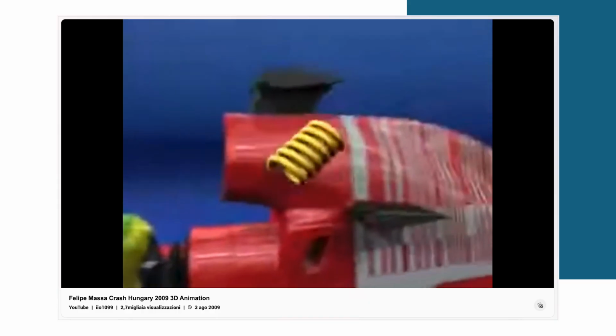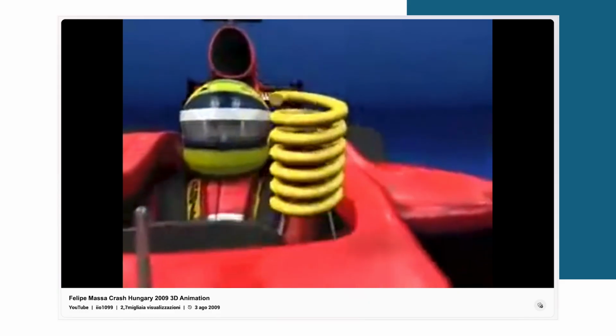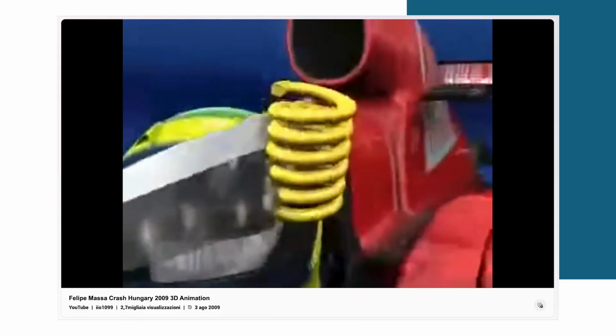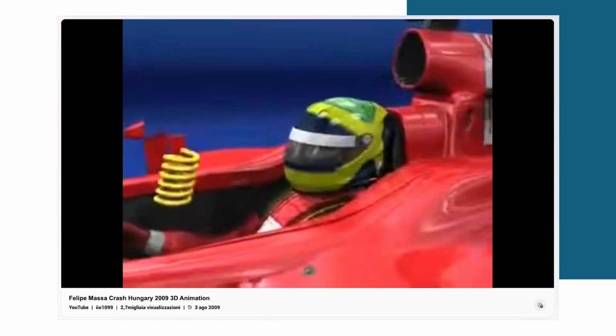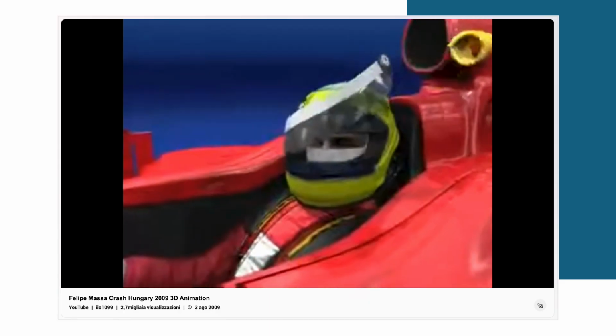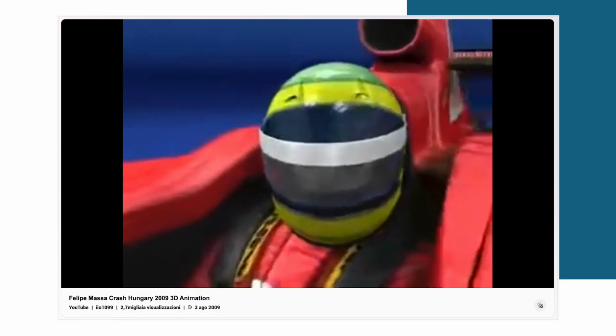The spring struck Felipe Massa helmet just above the visor at about 260 km per hour. Massa was knocked unconscious and crashed straight into the barrier at full speed. He sustained a skull fracture and concussion, requiring emergency surgery, but eventually made a full recovery.